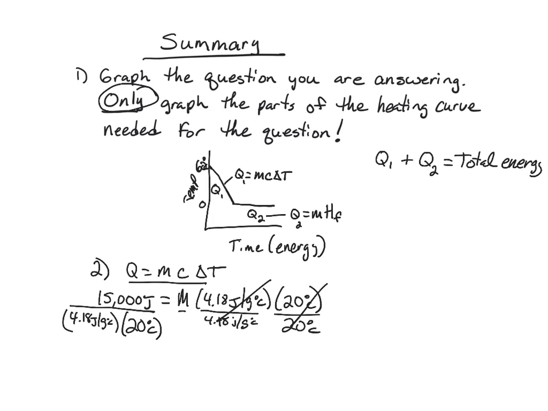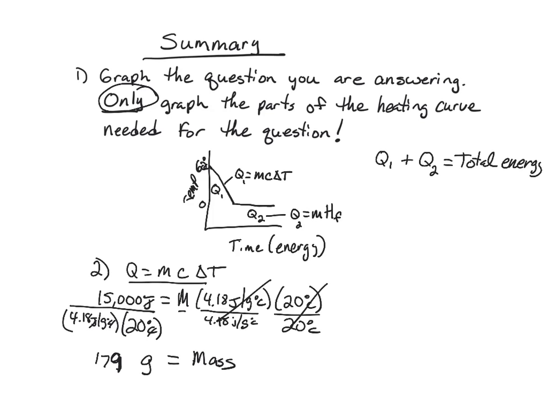So it's going to be the 15,000 joules. My joules are going to cross off. My degrees Celsius are going to cross off. And I'm going to be left with a certain number of grams that will be equal to my mass. In this case, when you put it in the calculator, you're going to find that you get 179 grams of water would be the amount of water that you could change using that amount of energy.